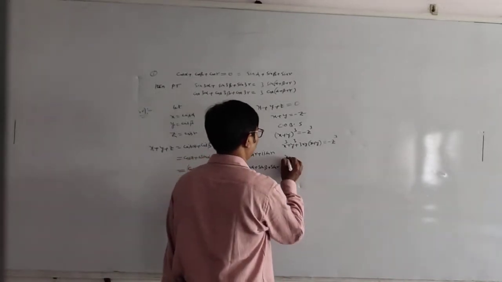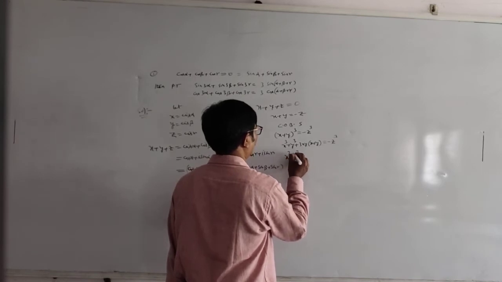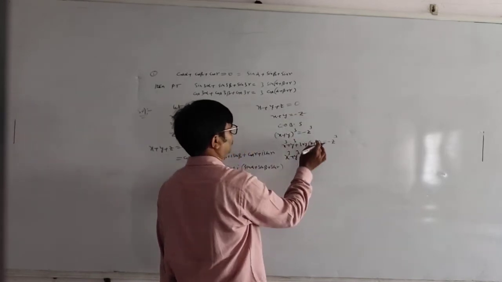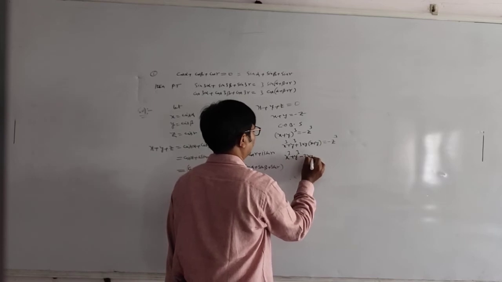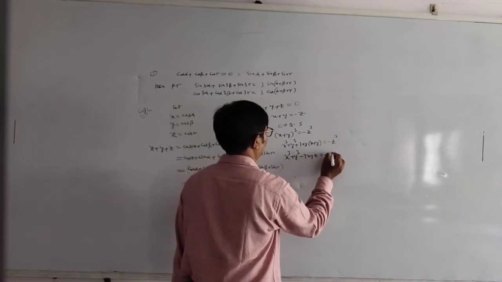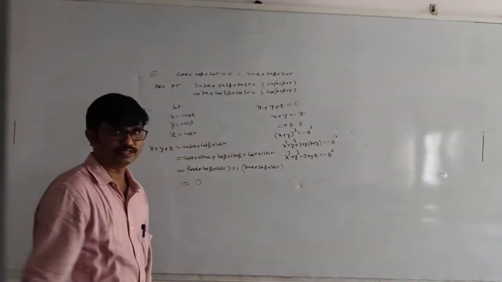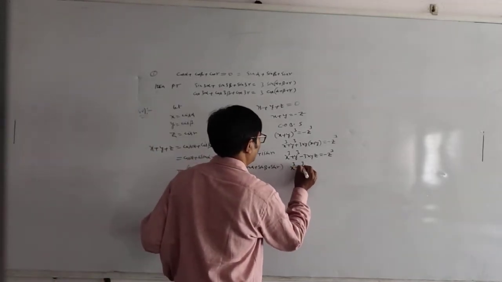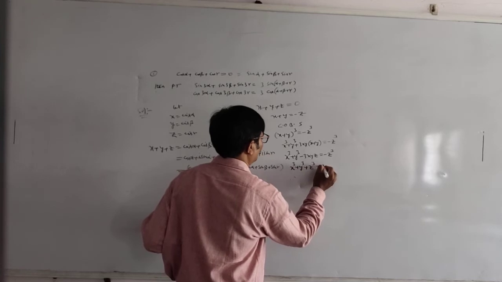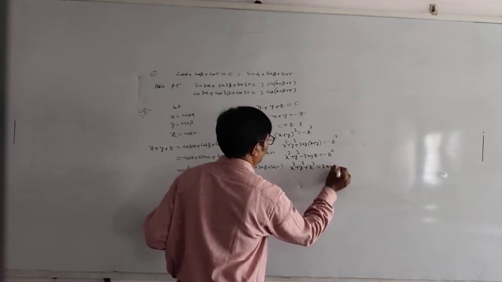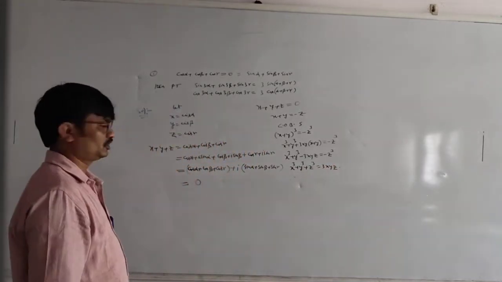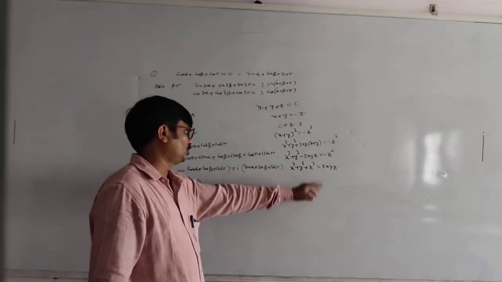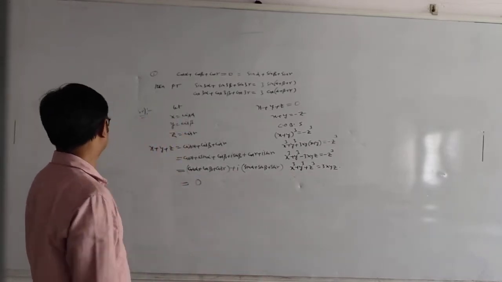This is x cube plus y cube plus 3xy into x plus y, which is minus z, equals minus z cube. Now this is x cube plus y cube plus z cube equal to 3xyz. That is, x cube plus y cube plus z cube equal to 3xyz.